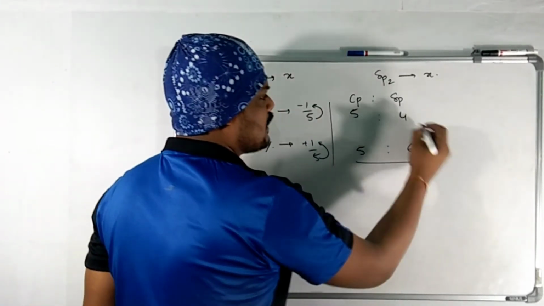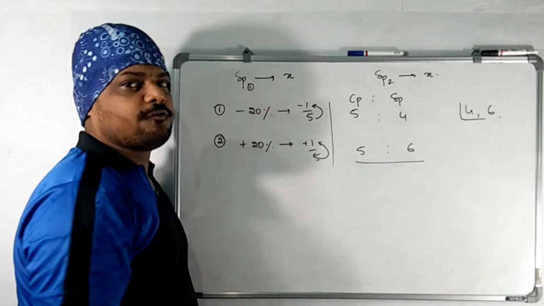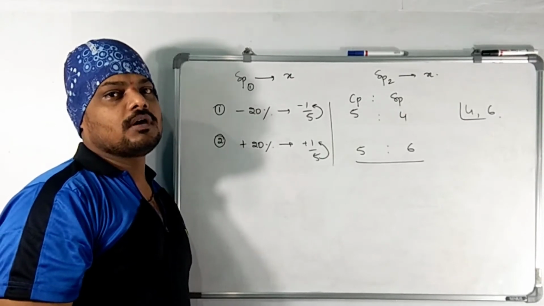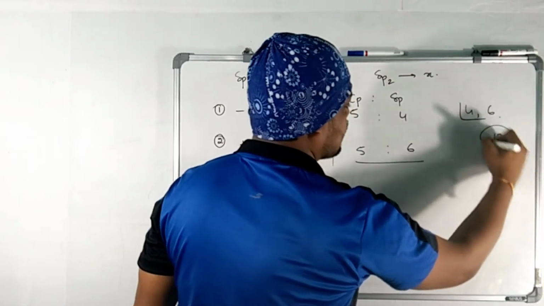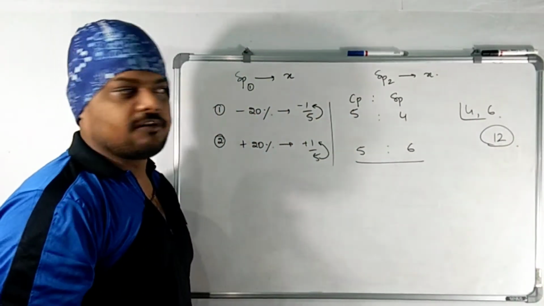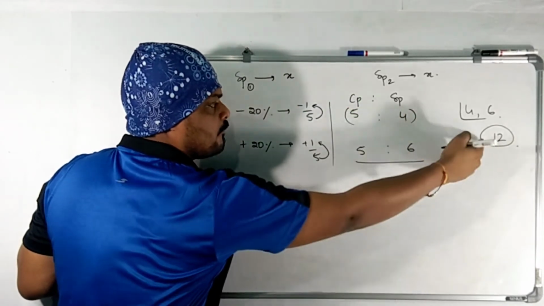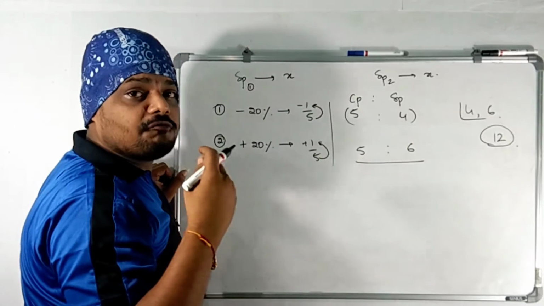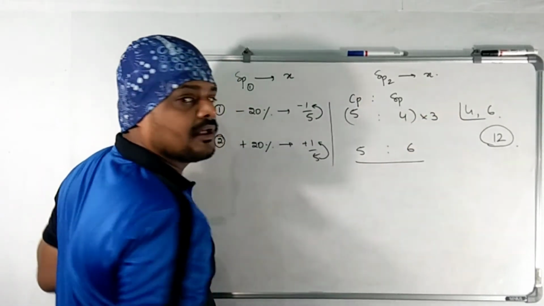So here let us try to understand 4 and 6. What is the LCM of 4 and 6? It is 12. So for converting 4 into 12 units, I need to multiply 4 by 3.